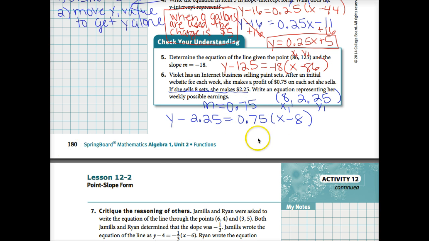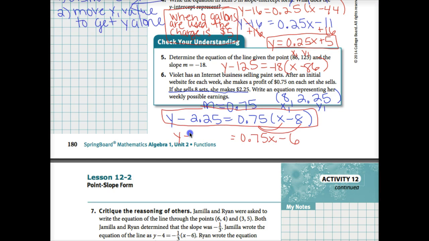I am going to illustrate one more time how to change from point slope to slope intercept. This is a perfectly fine answer for number 6, but I'm just going to illustrate how to put it in slope intercept form again. Our steps that we wrote out here in the margin: distribute the slope first. That'll give me 0.75x here. And then I also need to multiply the 0.75 times my negative 8. That's going to give me a minus 6.